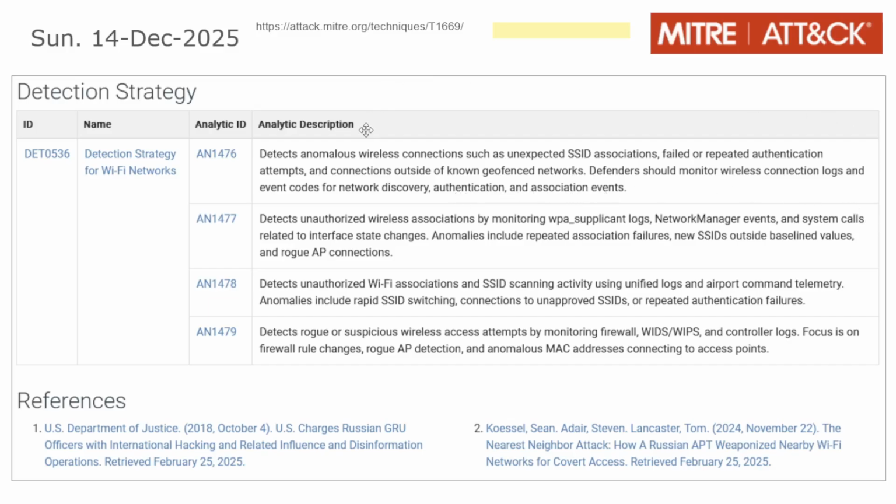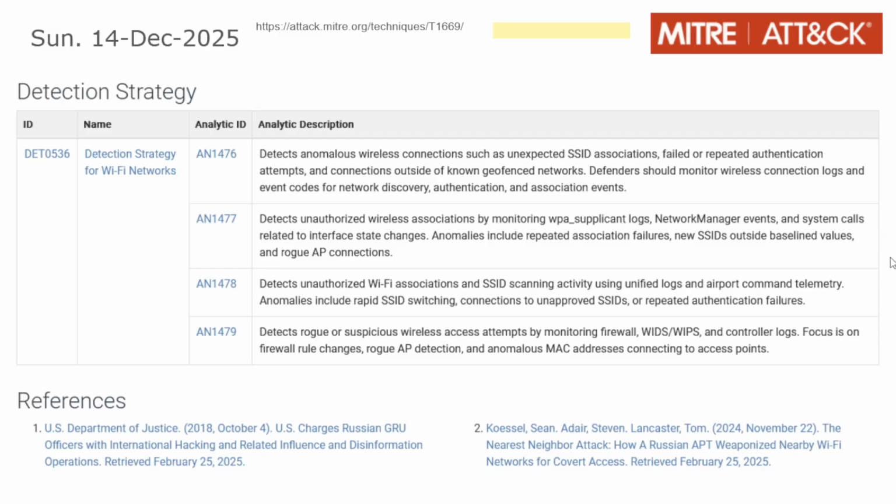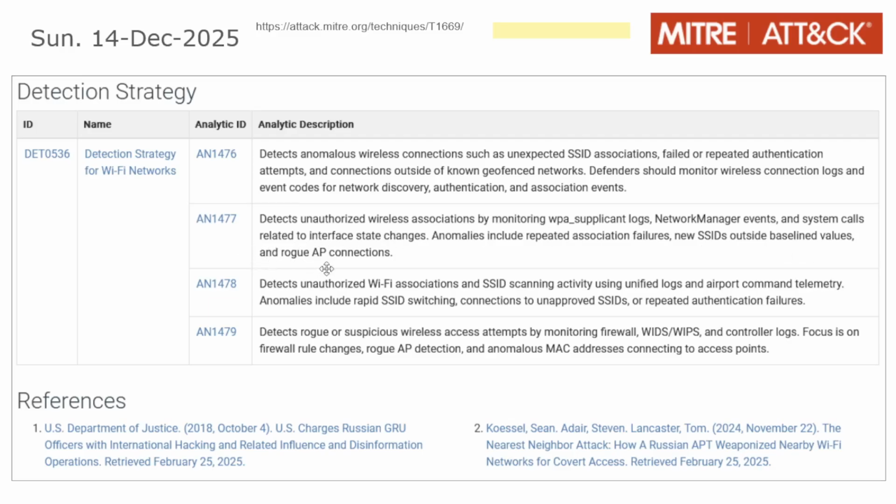So first, unexpected logins and failed authentication. Then again, detect unauthorized wireless associations by monitoring WPA supplicant logs. This is part of the technical stuff to look out for. It's fine. And then rogue AP connections, interface state change, repeated association failures.